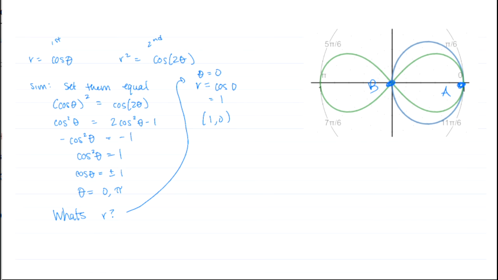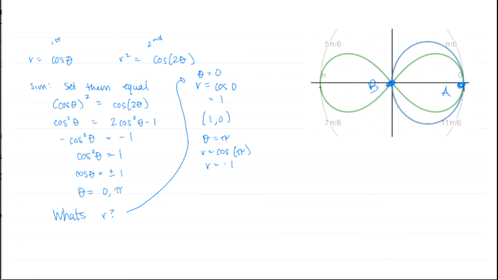And then if you plug it into the second one, it will give you the same thing, because that would still be just cosine of 0. So when theta is pi, you get r equals the cosine of pi, and cosine of pi is negative 1.